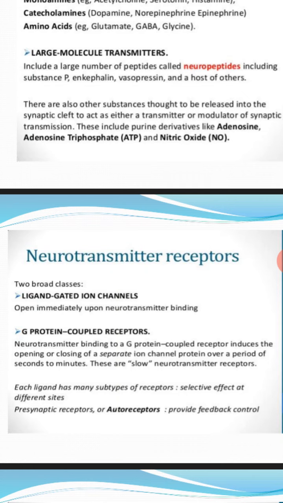G protein coupled receptors, on binding a neurotransmitter, induce the opening or closing of a separate ion channel protein over a period of seconds to minutes, and they are slow neurotransmitter receptors.